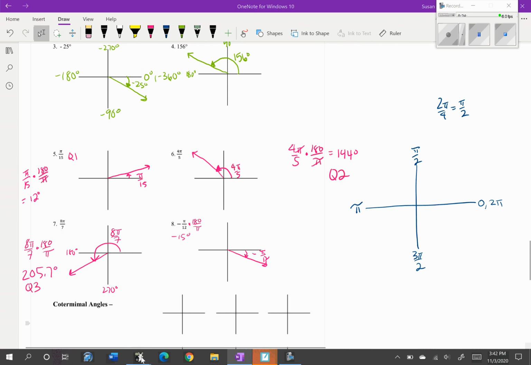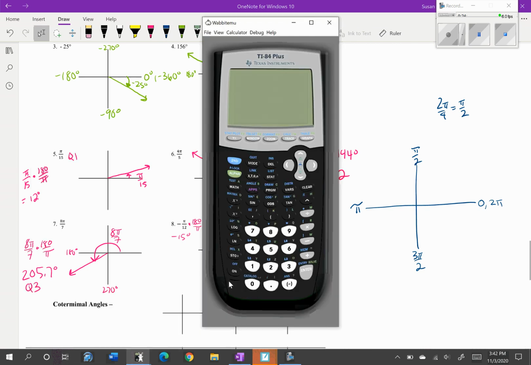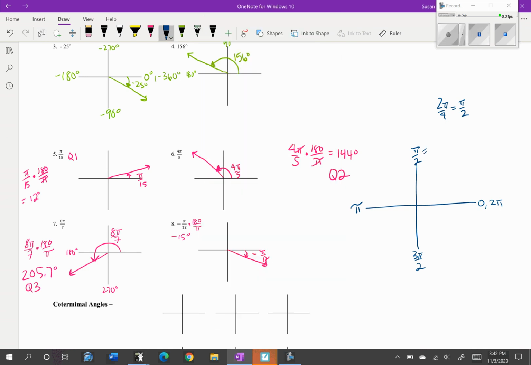So if I look at the first one, pi over 15, I could do pi divided by 15, and notice that that's 0.20. And if I look at pi divided by 2, I know that's 1.57. So that tells me, since this is about 1.57, that I have to be in quadrant 1. So I could do the same thing.